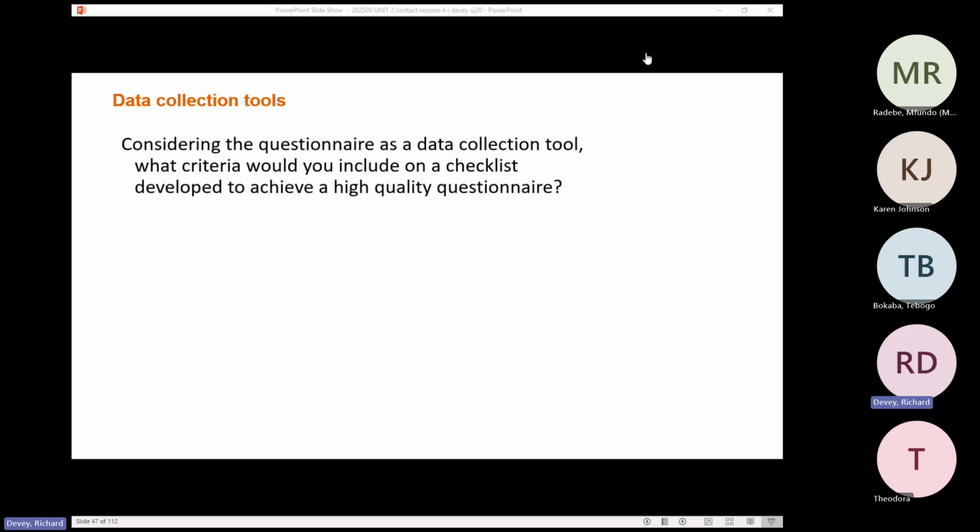You have to use a tool which is appropriate for your sample. So if you are targeting people where a questionnaire wouldn't work because it's not the right kind of instrument, that's where something like participatory methods would come into play.